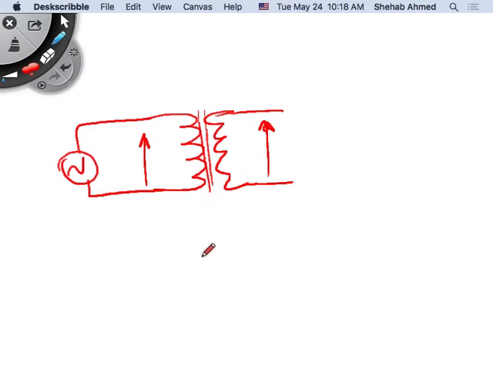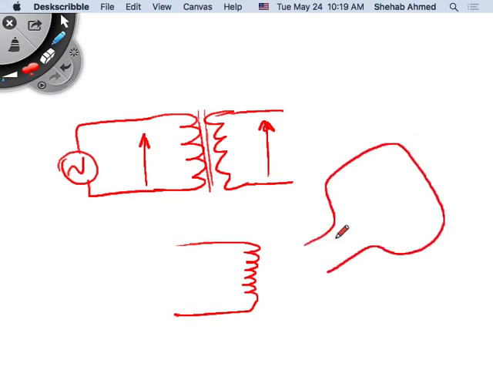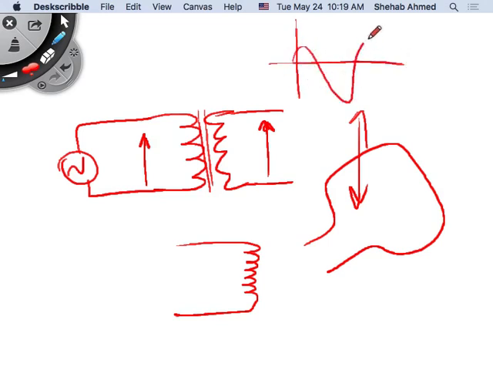So, if I have a number of turns, and for simplicity, I have a single turn, and I put this single turn in a time-varying magnetic field, a magnetic field that is changing sinusoidally, for example.